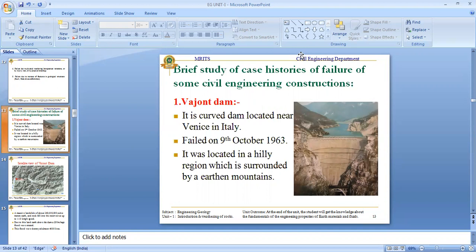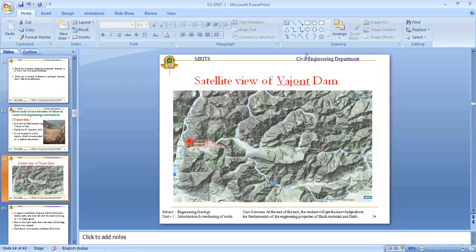The first one is Vajont Dam. The dam is an arch dam, constructed during the 1950s and failed on 9th October 1963, and it is located in the hilly regions which is completely surrounded by the mountains, and you can see the particular image.